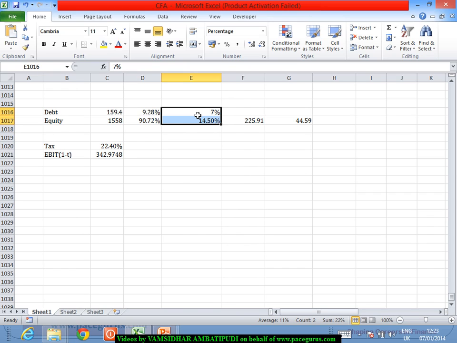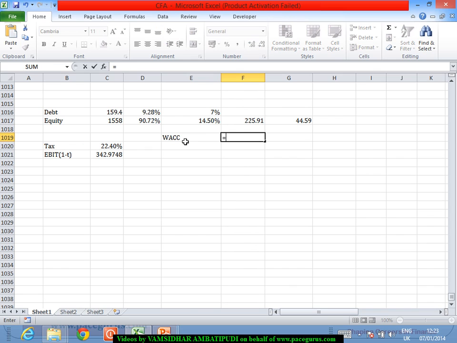This is anyhow post-tax debt. So from here I will get my weighted average cost of capital as weightage of debt into cost of debt plus weightage of equity into cost of equity, working out to somewhere around 13.8%, right?